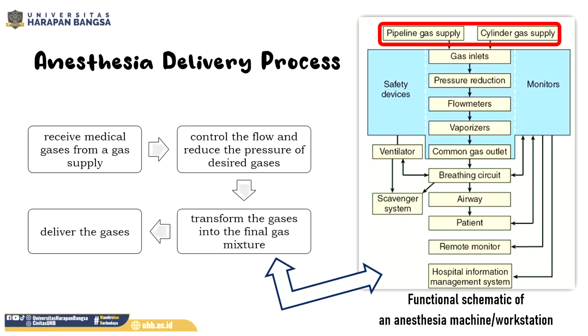The anesthesia machine receives medical gases from a gas supply through the gas inlet, to enable an optimum gas exchange, and then it controls the flow using the flow meters, of course, and reduces the pressure of desired gases to a safe level.